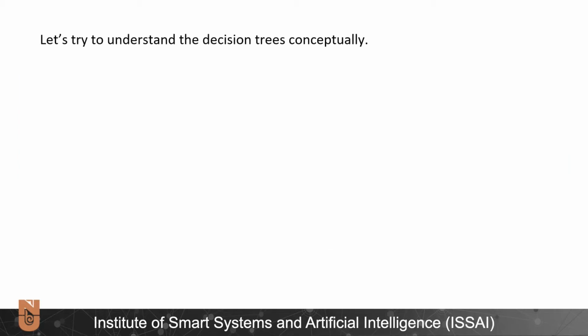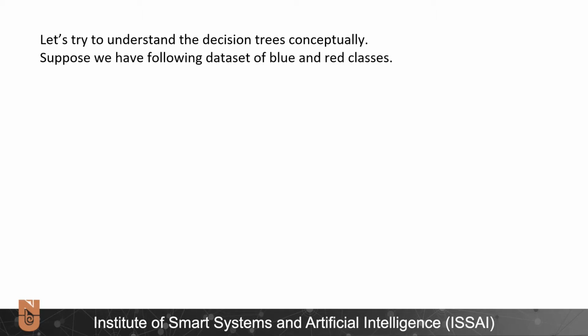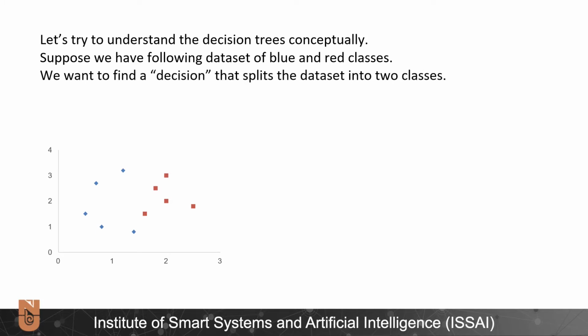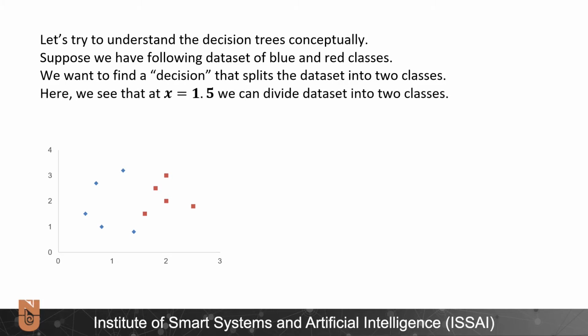Let's try to understand decision trees conceptually. Suppose we have the following dataset of blue and red classes, and we want to find a decision that splits the dataset into two classes. Here we see that at x equal to 1.5, we can divide the dataset into two classes. If we want to build a decision tree, our root node will contain the whole dataset.